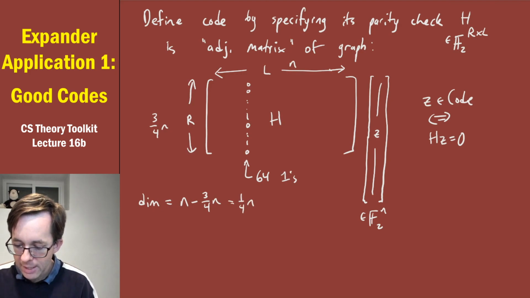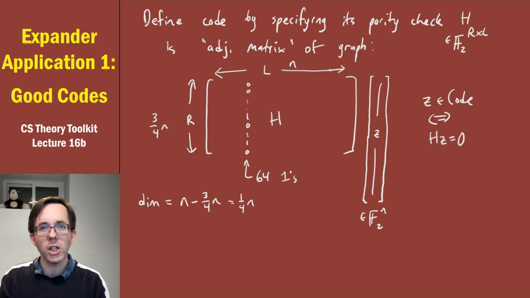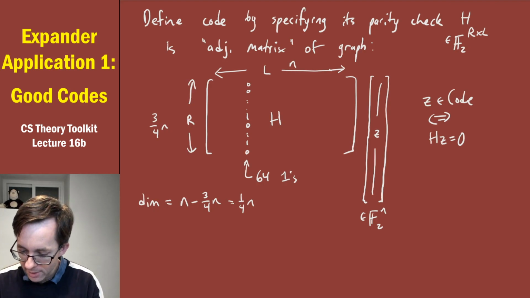That's kind of easy to see because each parity check is like a linear constraint on z, and so every time you insist on a parity check, it knocks out one dimension. And we have 3/4 n parity checks, so the z's that satisfy all these parity checks will form a subspace of dimension 1/4 n. This is the thing that's usually called k.